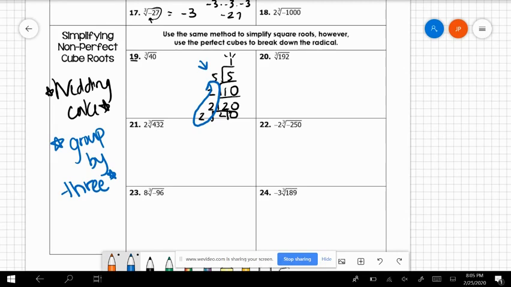They still come out as 1, but there's only 3. There has to be 3 of them this time. So now this is going to turn into 2 times the cube root. Now I'm stuck under a cube root instead of just a regular square root. 5.